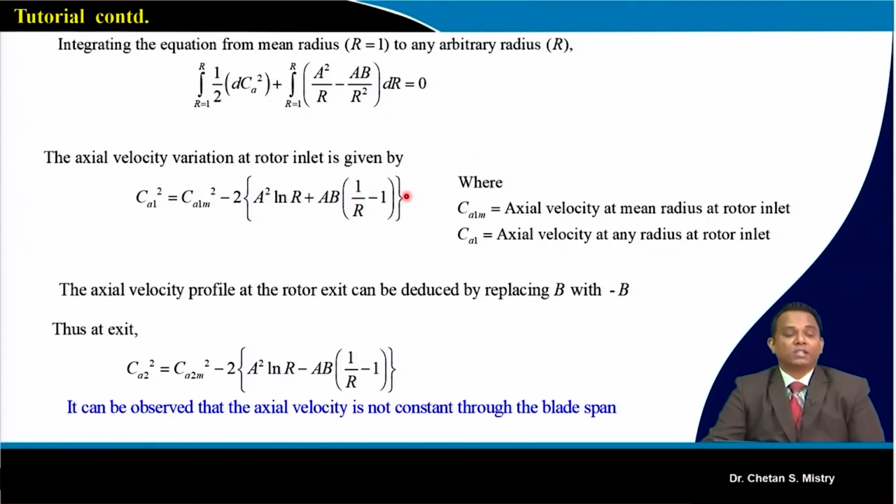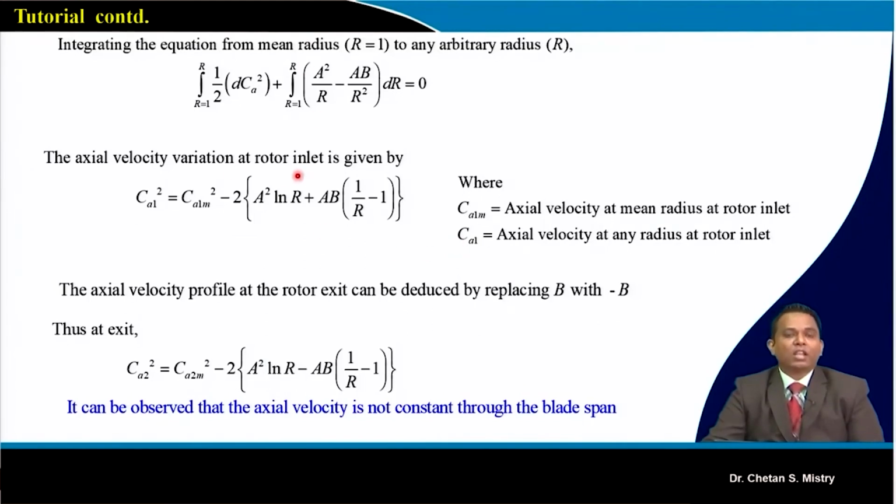Just remember, Ca1m is my axial velocity at the mean radius, and Ca1 is my axial velocity at a particular station.